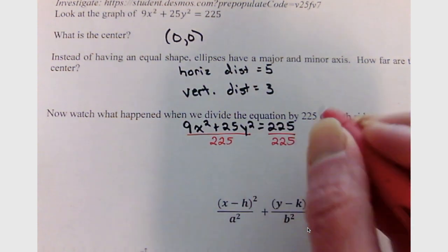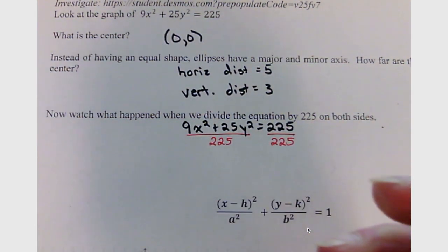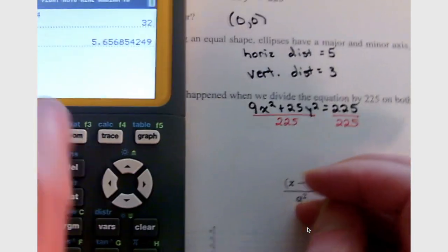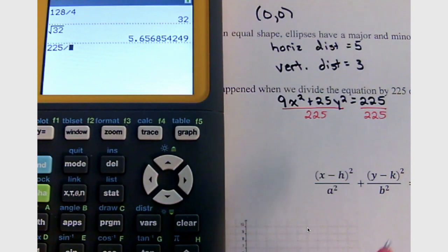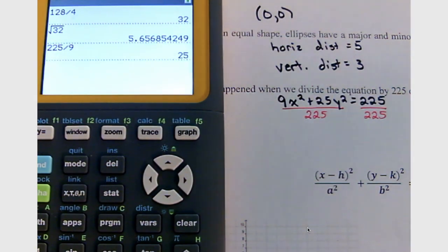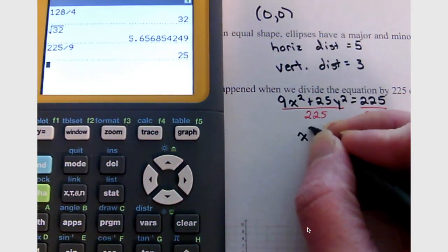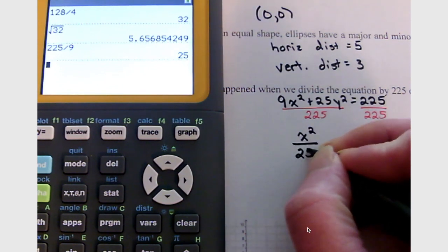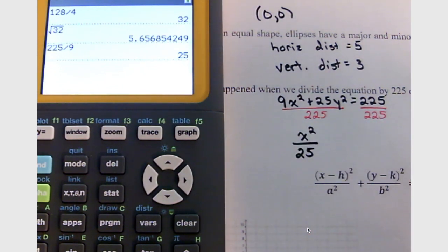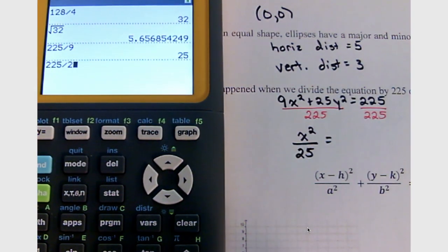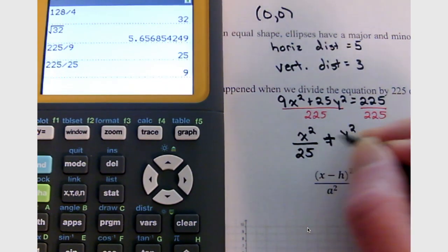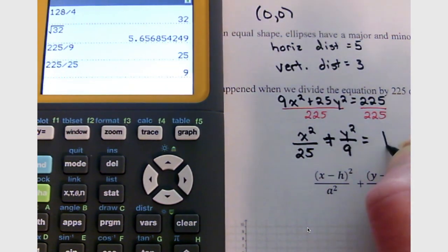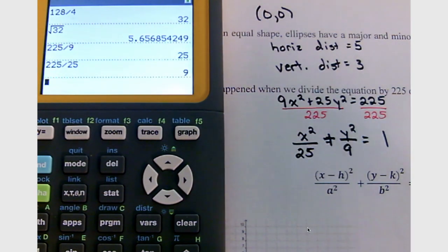We get something kind of interesting. 9 over 225: well, 225 is divisible by 9, so I'm going to have x squared over 25. And 225 is also divisible by 25, which leaves me a 9. Whoops, that should be a plus in the denominator here and a 1 on that side.